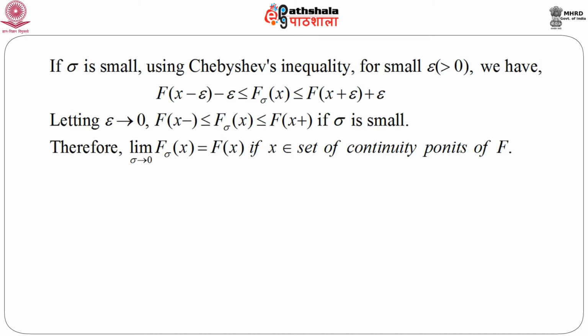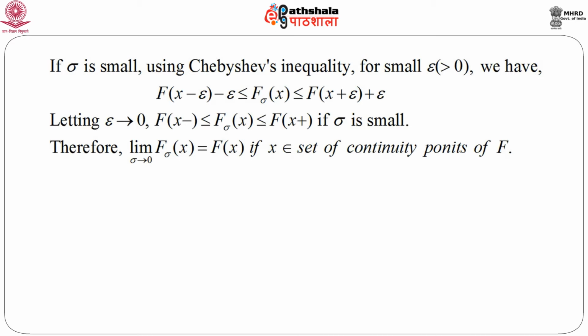So, we can write capital F of x minus is less than or equal to capital F sigma x, less than or equal to capital F of x plus, if sigma is small. Therefore, we can immediately write, as sigma goes to 0, capital F sigma x equals capital F of x, because x we have assumed belongs to the set of continuity points of f. So, the equality holds as sigma goes to 0. That is the proof of the inversion theorem.